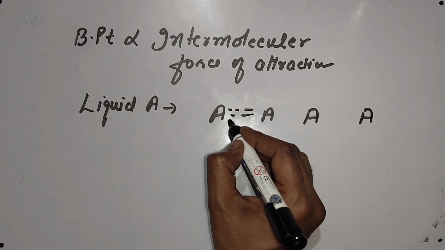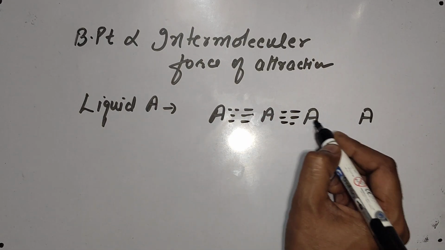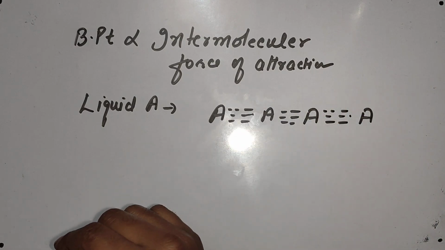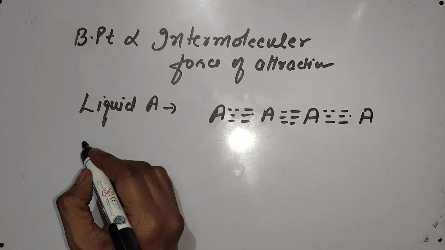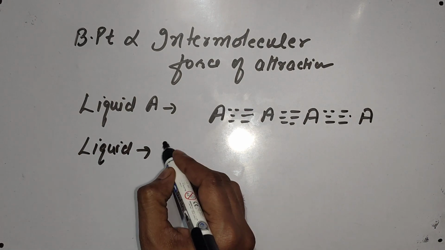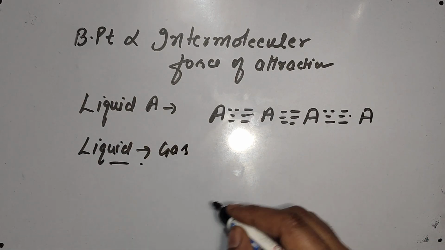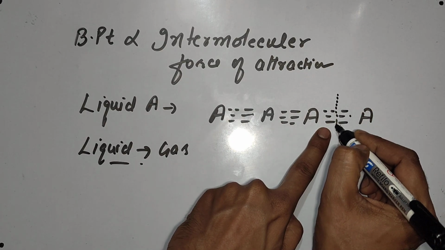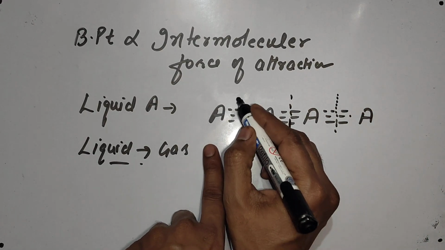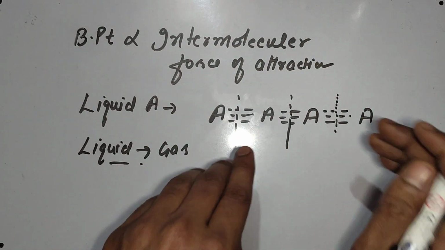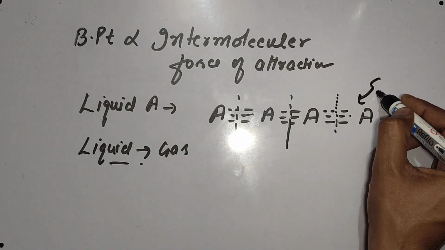And between A particles, a force of attraction will exist, which we call intermolecular force of attraction. Boiling means converting liquid into gas. To convert liquid into gas, we need to break these forces of attraction. These intermolecular forces of attraction we want to break. That's why we are applying heat energy.